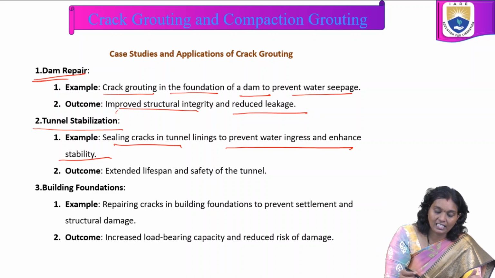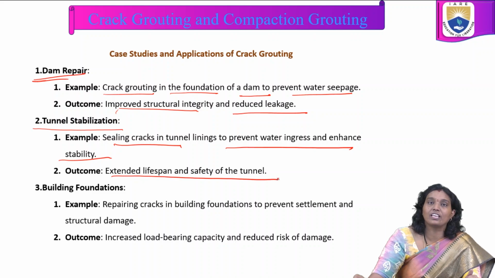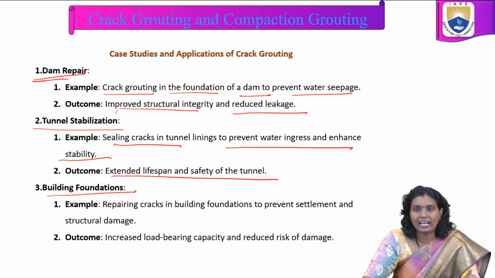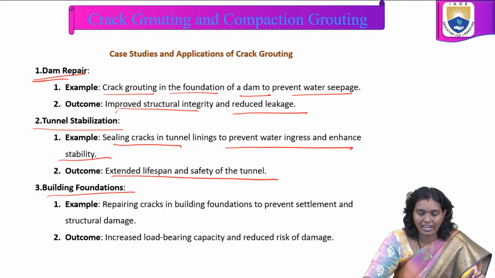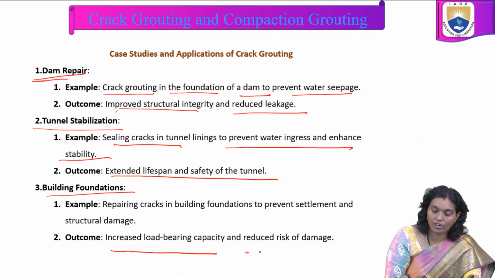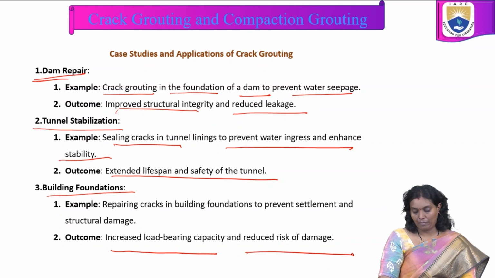We are getting extended lifespan and safety of the tunnel. The next one is building foundations, repairing cracks in building foundations to prevent settlement and structural damage. After applying the crack grouting, the outcome is increased load bearing capacity and reduced risk of damage.